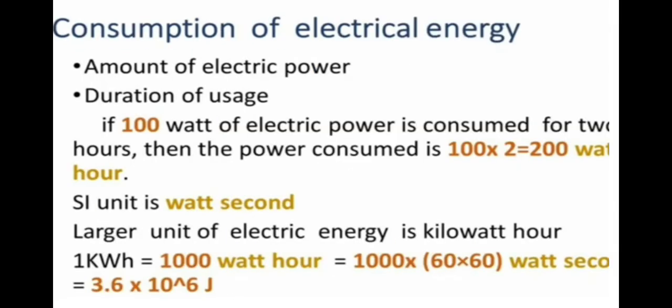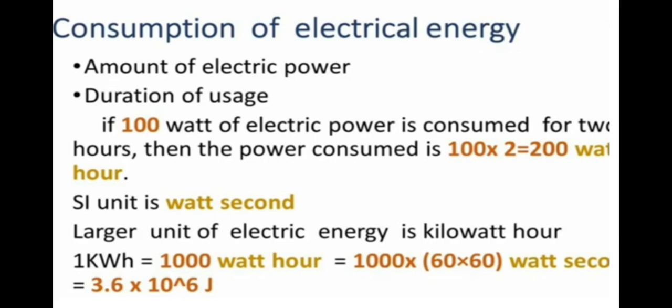Next, consumption of electrical energy. Electricity is consumed both in houses and industries. Consumption of electricity is based on two factors. One is the amount of electric power and the other one is the duration of usage. Electrical energy consumed is taken as the product of electric power and time of usage.